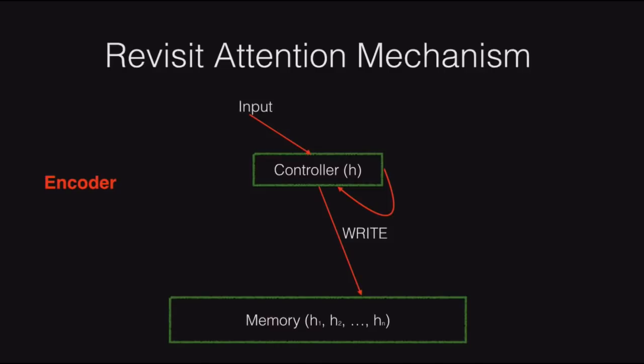And in the decoder, you continue producing output, you update your controller G, but you read from memory your H again. So in the input, you write to memory, and in the output, you read from memory.